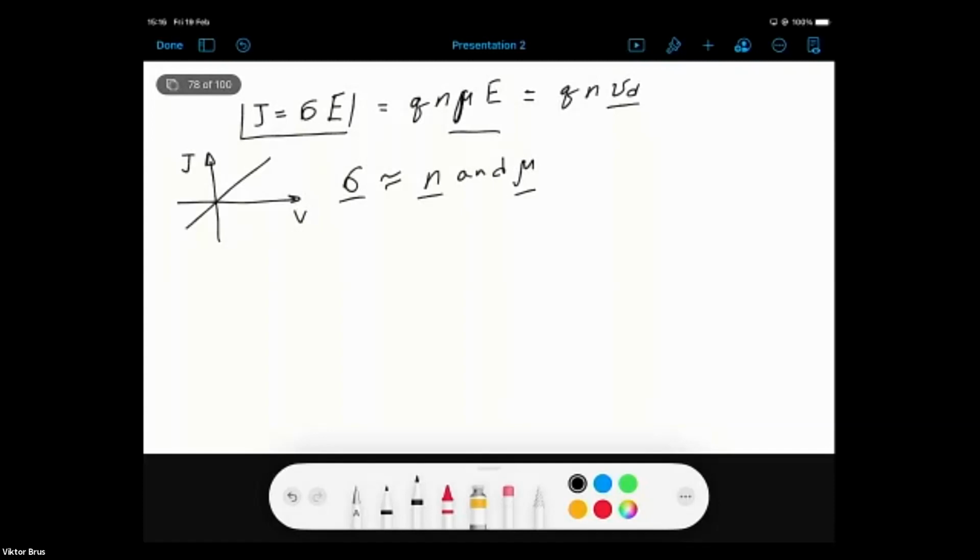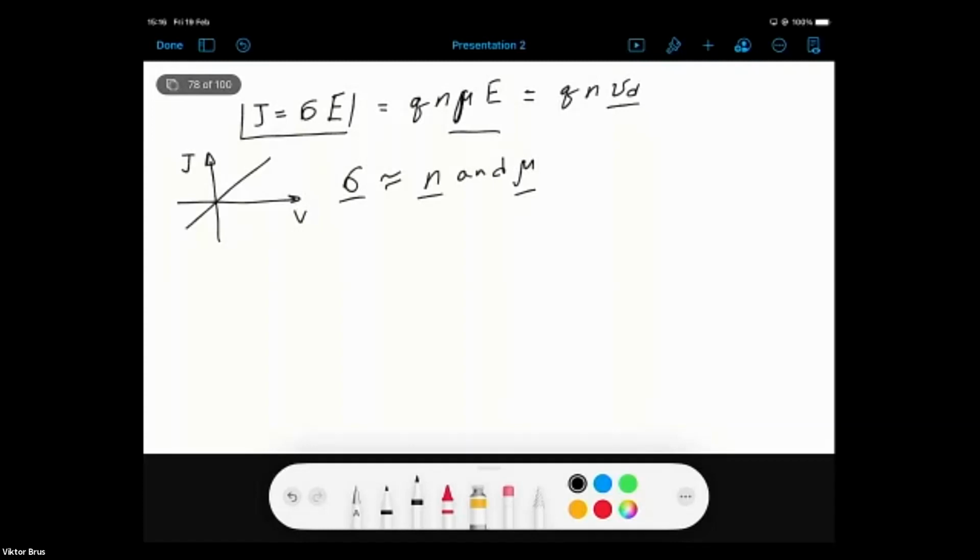This phenomenon was named in honor of the person who has shown this, so it's called the Hall effect. Let us consider in more detail what this is about.